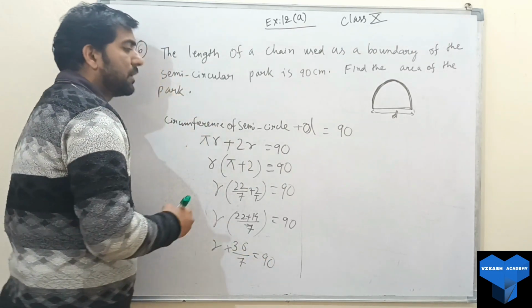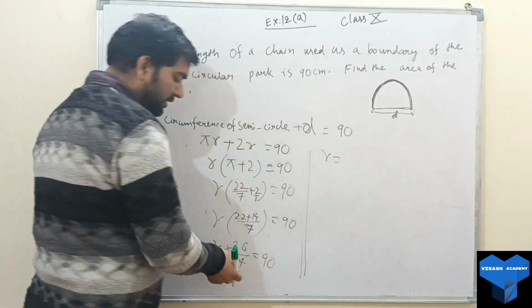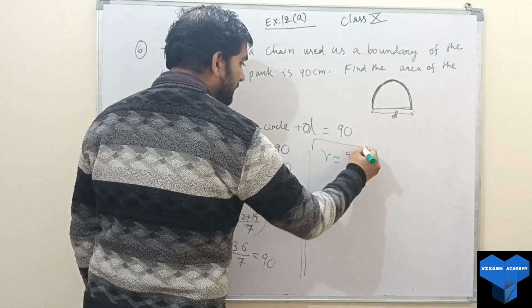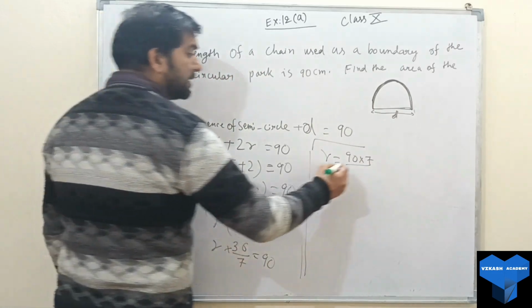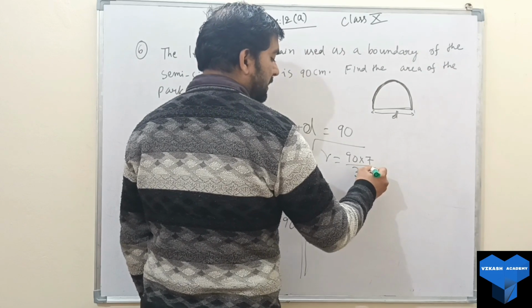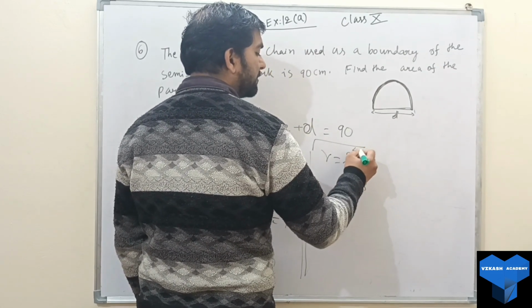So next step, I can write r is equal to, the denominator will multiply with the numerator, 90 into 7 by 36. Let us try to cancel now. I will cancel with 2, so it will be 18 and this will be 45.